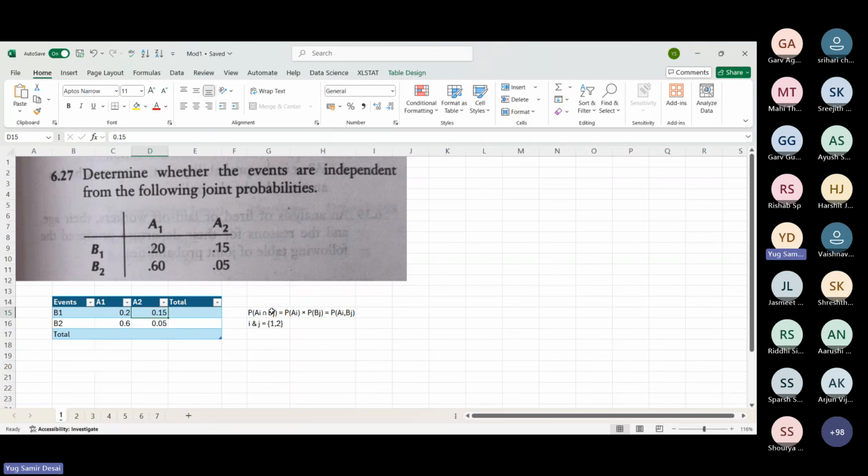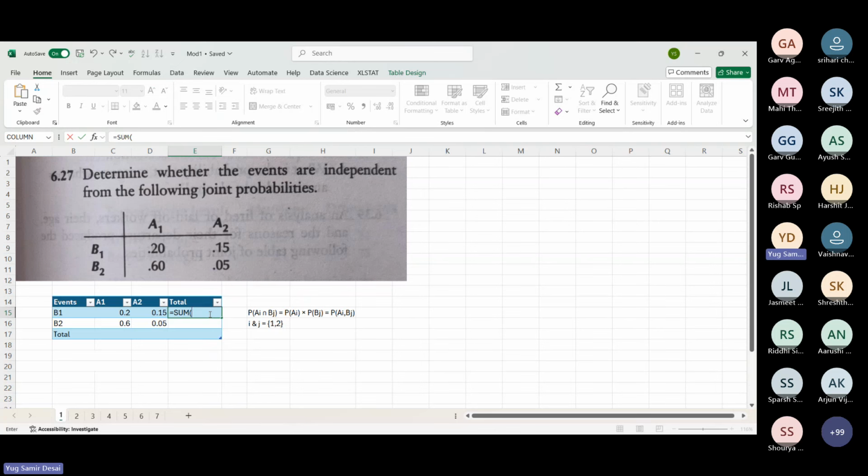Our basic test for checking if the events are independent or not is to multiply the probabilities. If we want to find out if A1 and B1 are independent, we'll multiply the probability of A1 with the probability of B1. For that, we'll need the row and column totals.